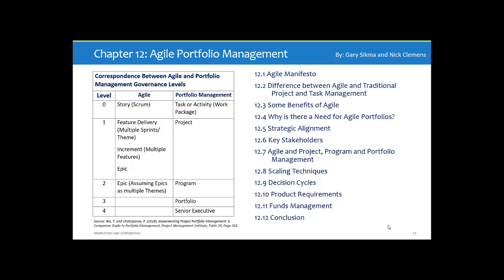So here, Gary and Nick have taken the challenge of writing a chapter on some of the latest practices, tools, and techniques that they see in the world of Agile portfolio management.